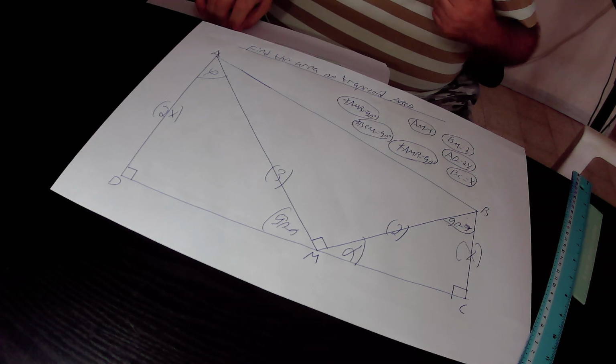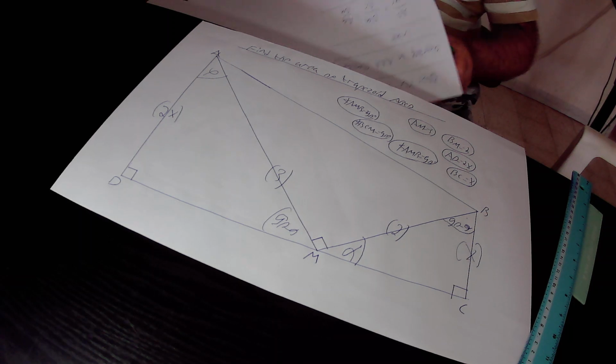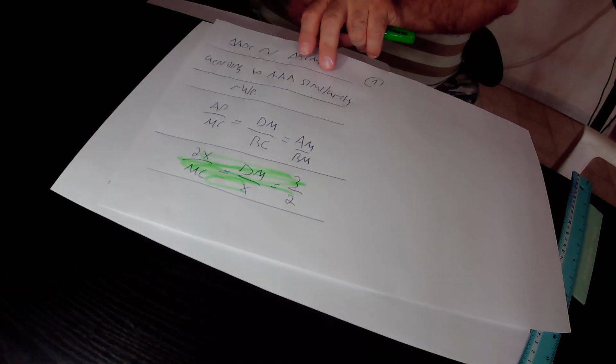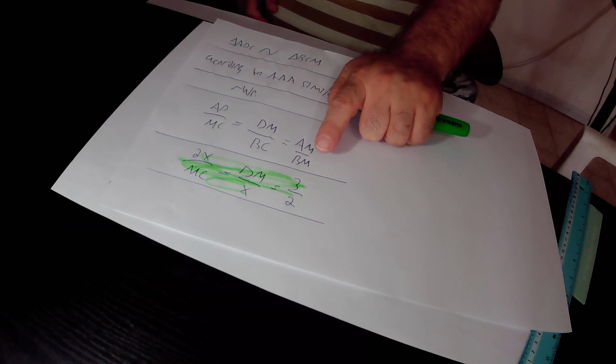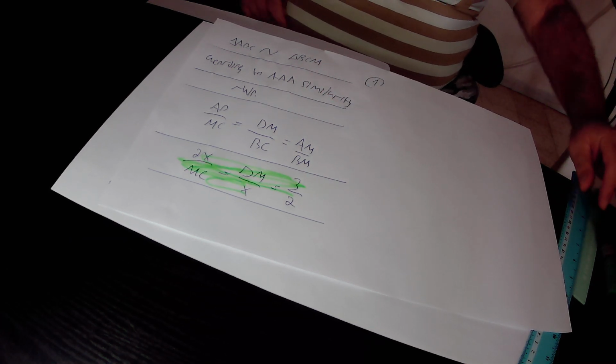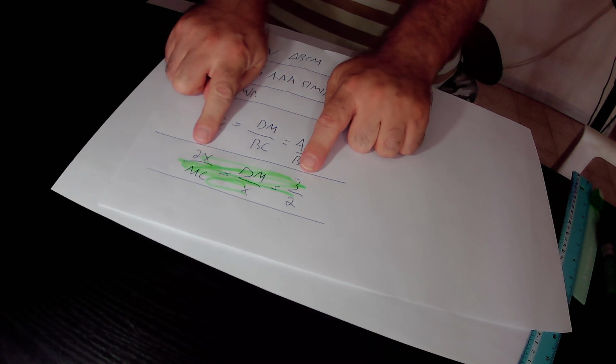So in total, we found out that 2x over MC equals DM over x equals 3/2. Those two expressions are equal to each other, therefore we get equation 1 from those two expressions.